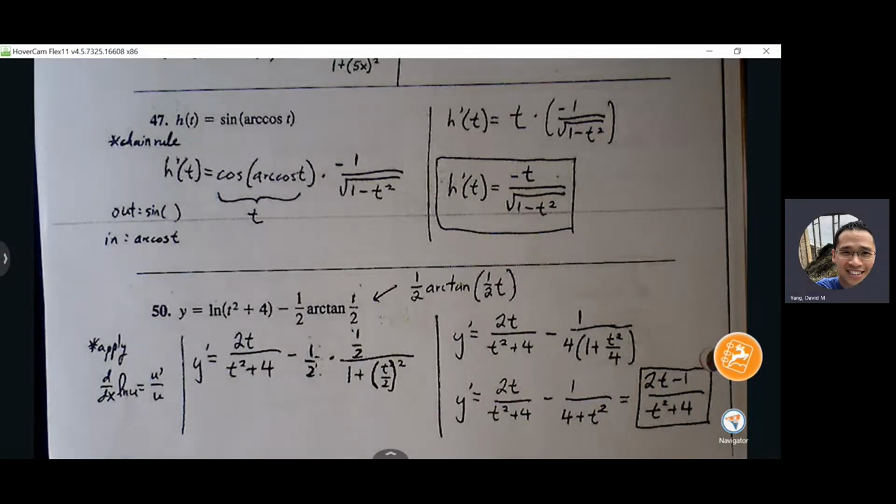The nice thing about this cosine and cosine inverse of t is that these are just inverse functions of each other. So we thought about how inverse functions cancel each other out, so really you're just left with a t there.